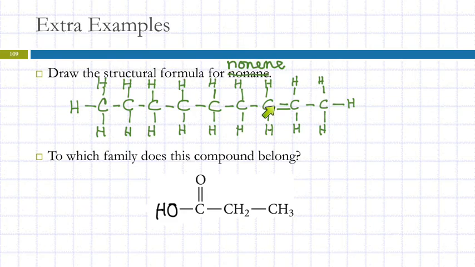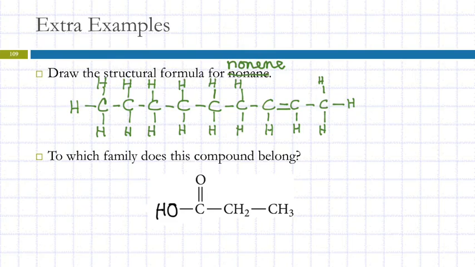Now, what's wrong with this carbon and this carbon? They have 5 bonds, right? So what I need to do is I need to erase some hydrogens. So I'm going to take this one off and this one off. I could have taken the other 2 off. Now this carbon has 1, 2, 3, 4 lines, 4 bonds. So that is nonene. Nonyne would have a triple bond somewhere. And again, you need to adjust the number of hydrogens. If I showed you this structural formula, you should be able to tell me the basic name.